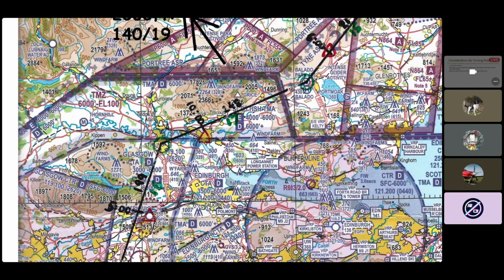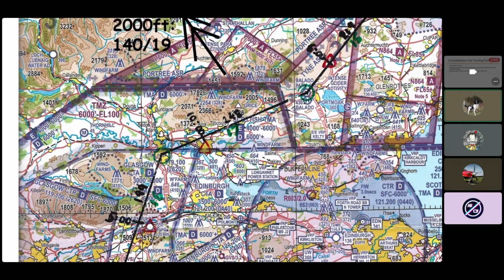Is there anything else, just before we move on to the next one, around Stirling? We've got the wind farms, we've got the fact that it's a very distinct built-up area. Any other features that might be useful to identify that we're at Stirling? The river, maybe. Yeah, absolutely.